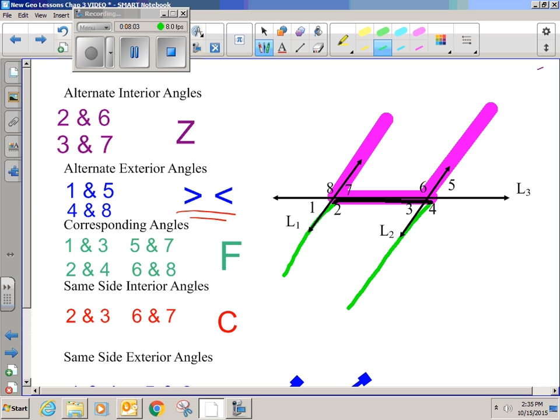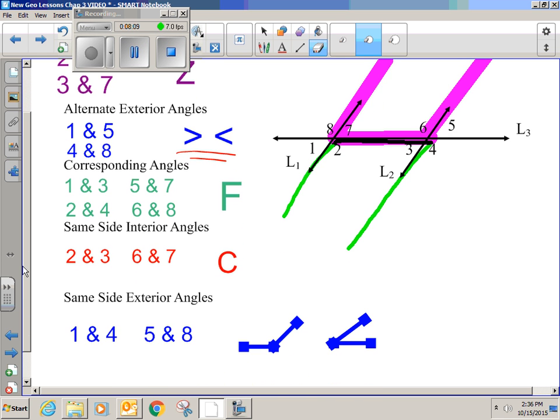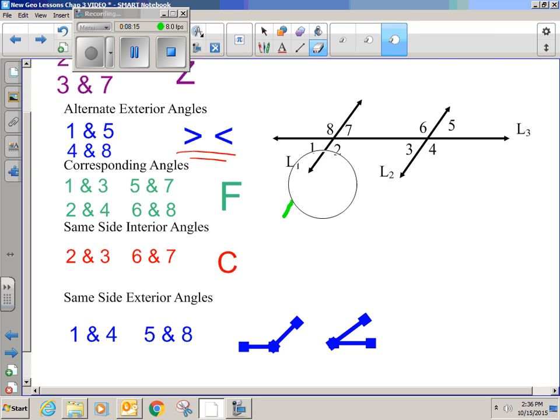And the last pair of angles are same side exterior. Okay, they're birds flying away. I don't know, but they're different. But there is a picture for you. So, for example, angles 1 and 4 are same side. Notice they're on the same side of my transversal.